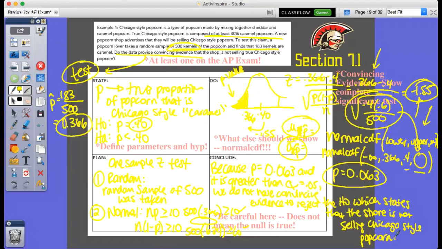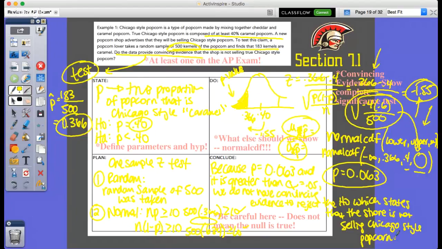Remember that that's the crux of it. To say that this is definitively true, if this P was less than 0.05, we would say that they are in fact not selling Chicago style popcorn, and we'd have convincing evidence on that.